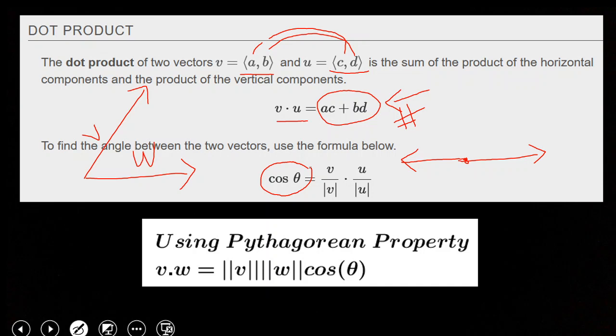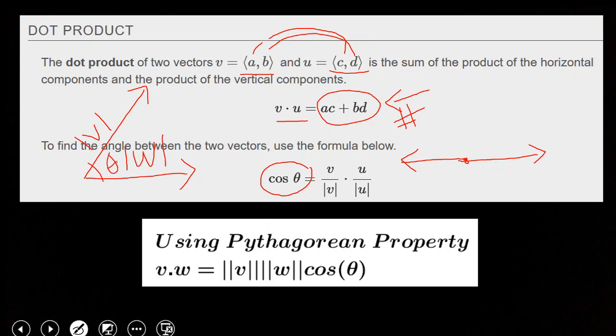Where this formula comes from is a different story that we're not talking about here. I'm just saying that there's an operation we can do with vectors that is very useful. So here there are two ways to do it. One way is using the components. Another way is to use the magnitude of the vectors and the angle between them.